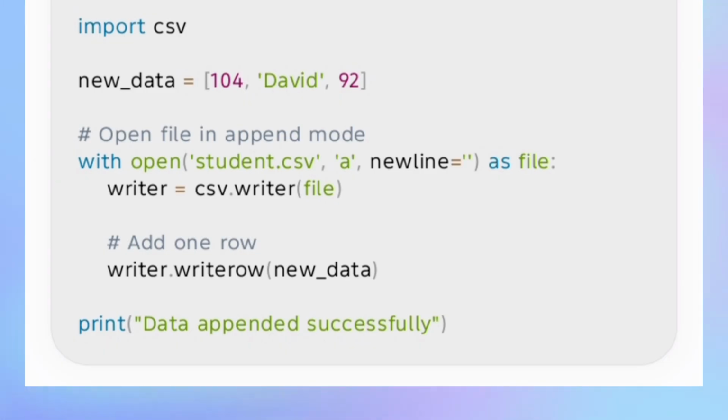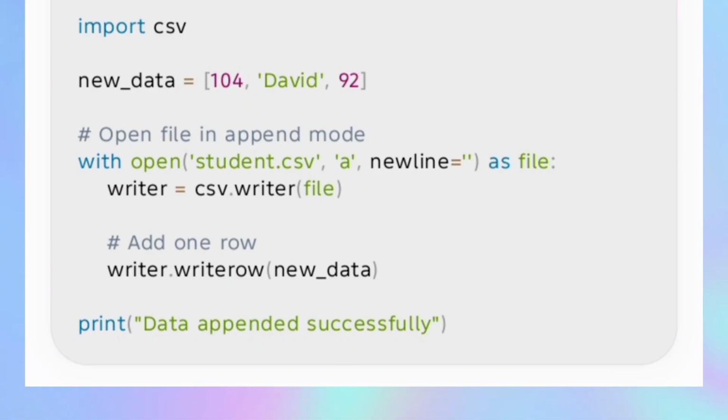Import csv, that means the library. new_data equal to 104, David, 92. with open('student.csv', 'a', newline='') as file, writer equal to csv.writer(file). writer.writerow(new_data) adds one row containing 104, David, 92. Print 'data appended successfully'.